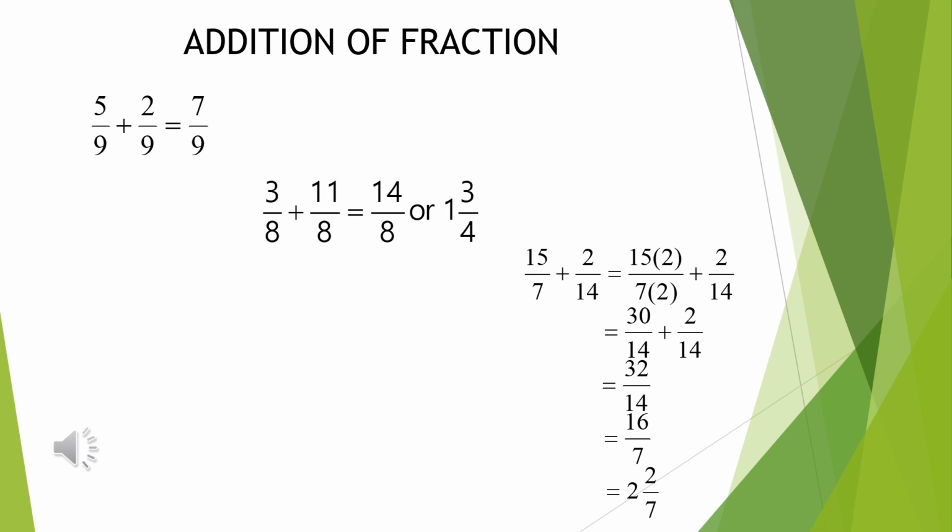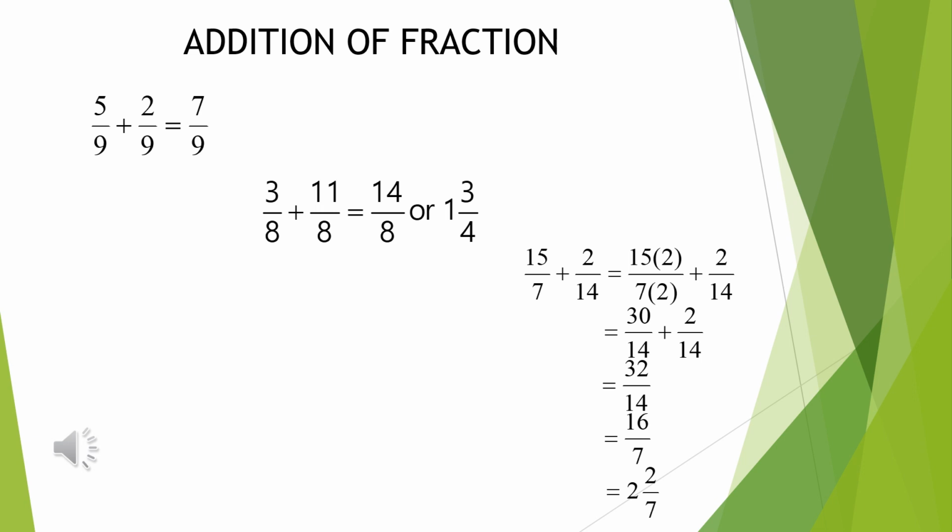So, since the LCD is 14, we need to multiply the numerator and the denominator by 2. 15 times 2 is 30, and 7 times 2 is 14. We have already the same denominator. We just copy the denominator 14, then 30 plus 2 is 32. So the answer is 32/14.